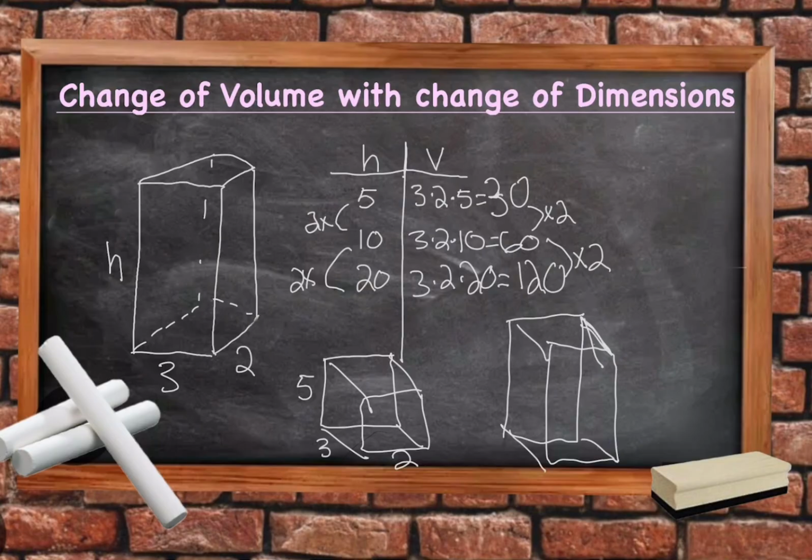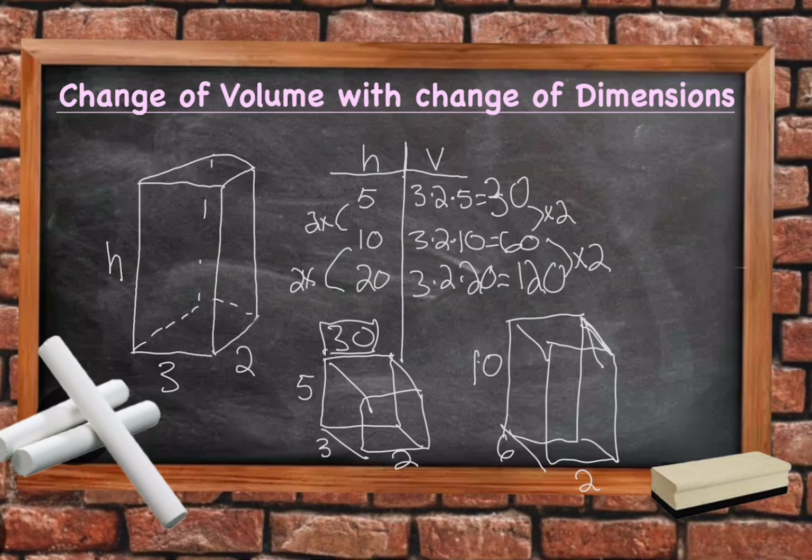Again, not too perfect or scaled perfectly, but let's just pretend. Now, we doubled the 5 to 10 and the 3 to 6, but the 2 stays the same. Let's finish the formula. We know that 5 times 3 times 2 equals 30. So I'm going to write 30 on top.